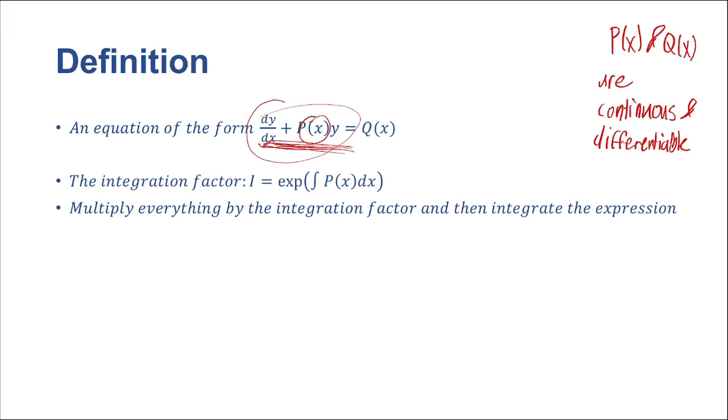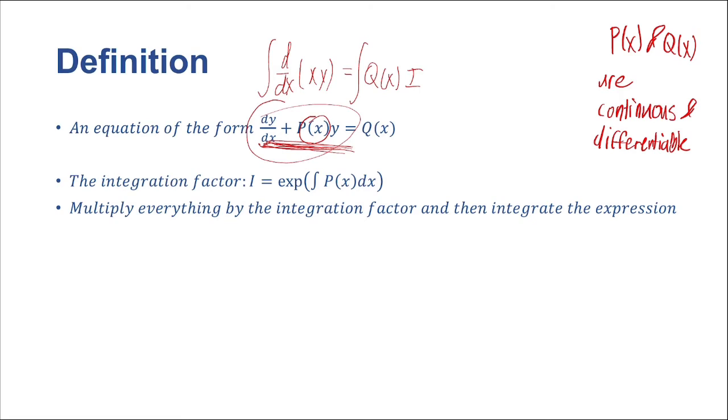So this is going to be the derivative of a product of two functions, let's say x times y, and then that's going to be equal to some q of x times I, or something like that. Then you're going to integrate both sides. You're just going to get xy, and then that's going to be some other expression. Then you divide by x so that you isolate y. Then you've got your solution.